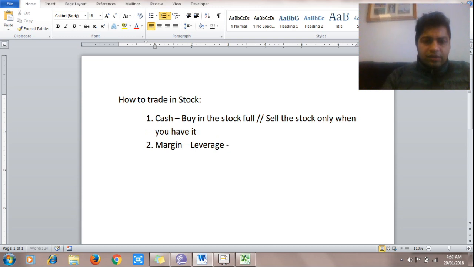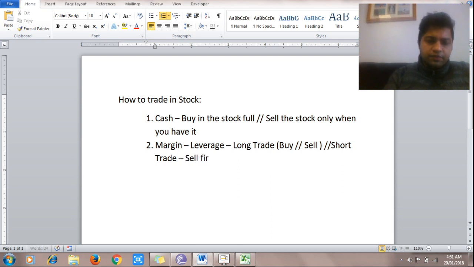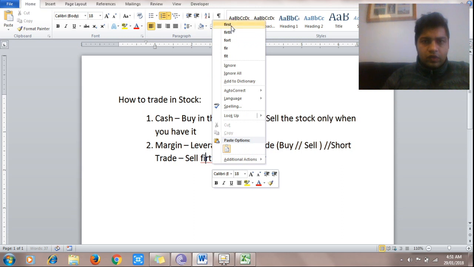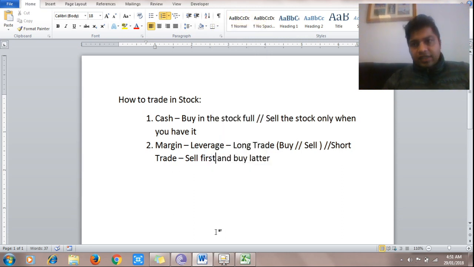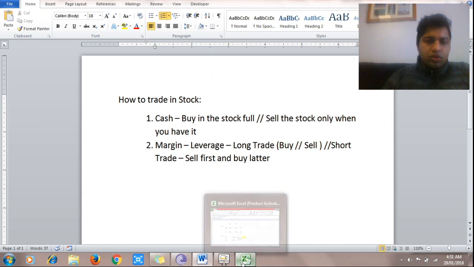In margin, you do a long trade, that is, you buy first and then sell later, or you do a short trade where you sell first and buy later. Okay. So let us go to an Excel sheet, take an example and understand both of these things.